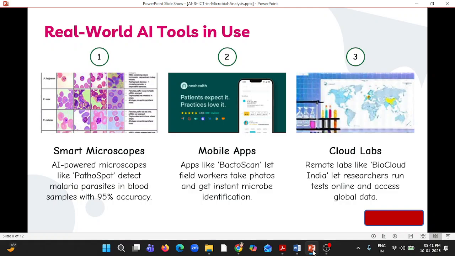Another tool is the cloud lab. Cloud lab-based platforms like BioCloud India allow researchers to perform data analysis and online simulations by accessing global genomics and microbiological databases.